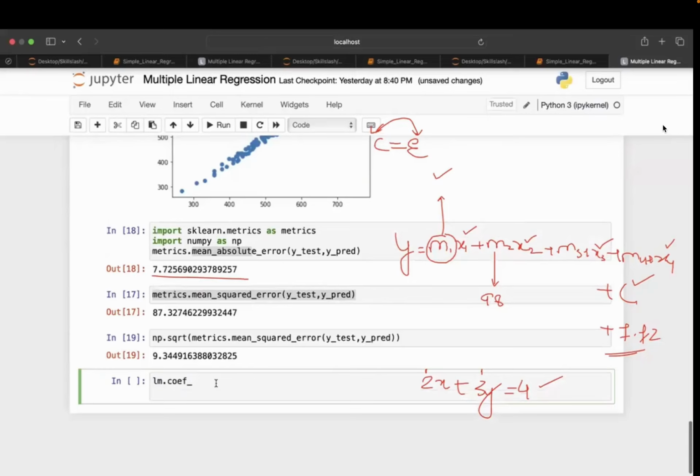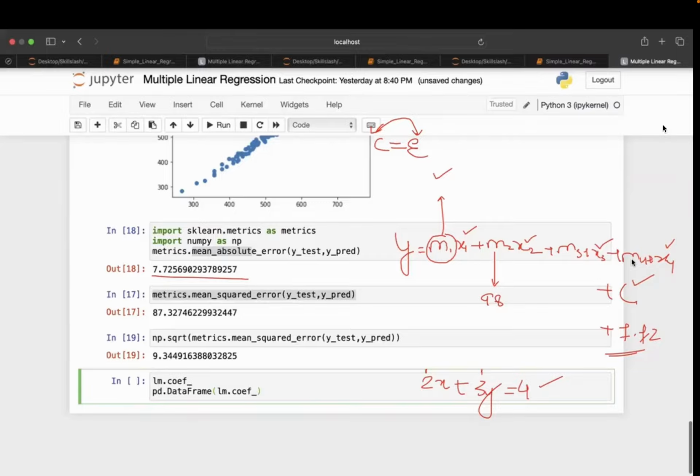After writing this, I am creating a data frame that will store the coefficient of every feature and give us the answer in tabular format. So I'm writing pd.DataFrame, otherwise it will look like an array and will not make much sense. I'm just trying to present it in a better manner. So I'm simply writing lm.coefficient.